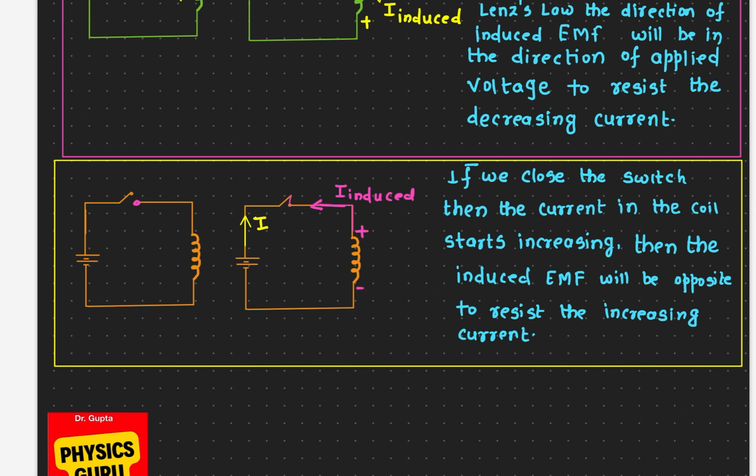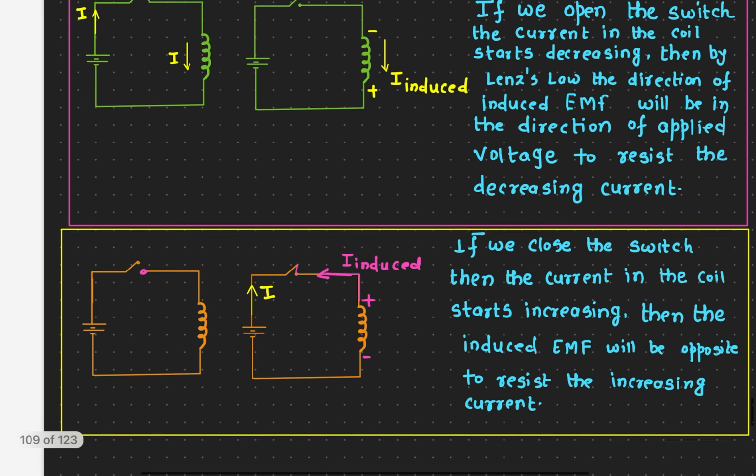I would like you to make sure that you understand these things. You see the direction of the induced EMF. The direction of the induced EMF is in such a way that it always tries to resist the changes. If the current is increasing, then the direction of the induced current will be opposite to the original.